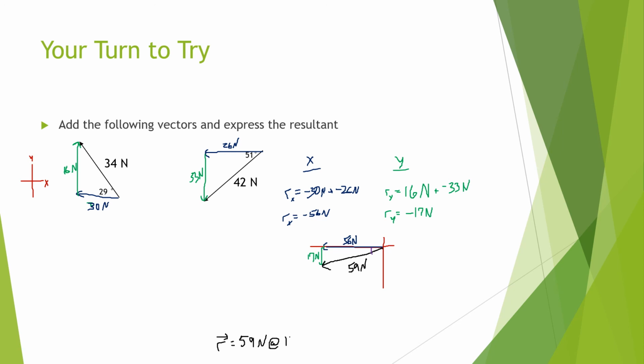So this gives me an angle of 17 degrees, and it is below, in this case, the negative x-axis. So this is below negative, and I like to put my negatives in parentheses so I know that it's a negative. Below the negative x-axis. So our vector r, when we add these two together, is 59 newtons at 17 degrees below the negative x-axis.